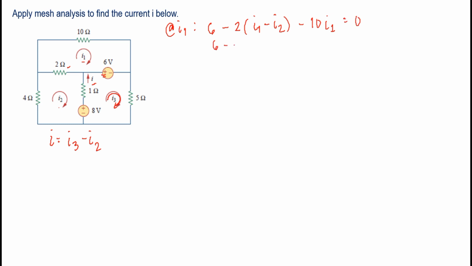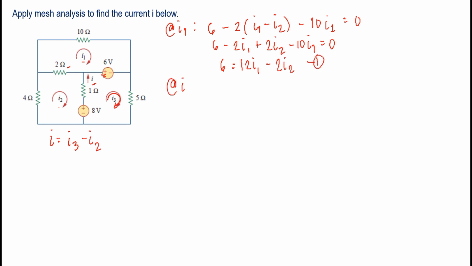So this will be 6 minus 2I1 plus 2I2 minus 10I1 equal to 0. Therefore, 6 is equal to 12I1 minus 2I2. First equation.